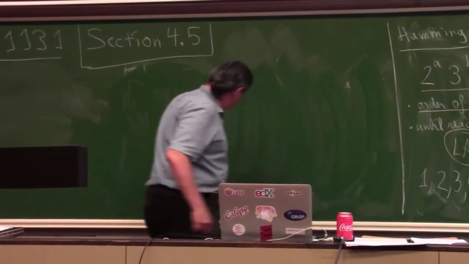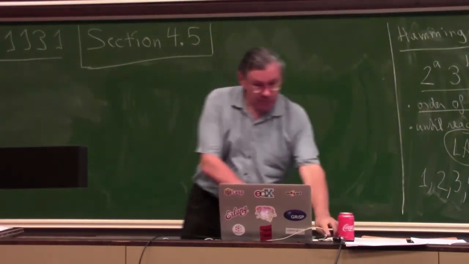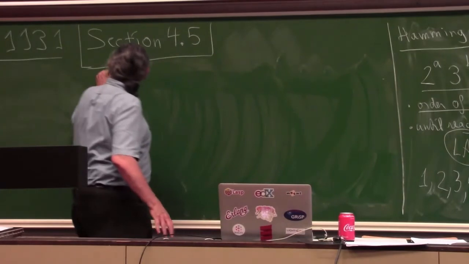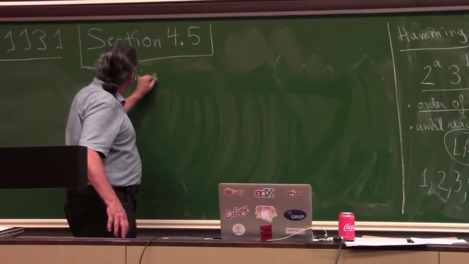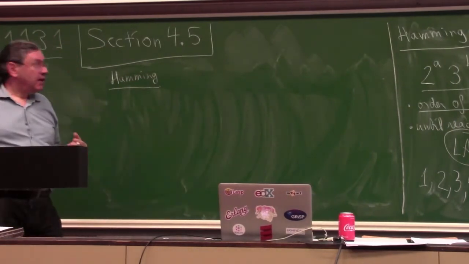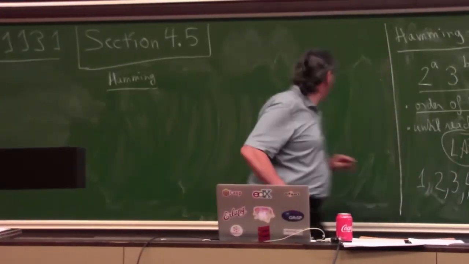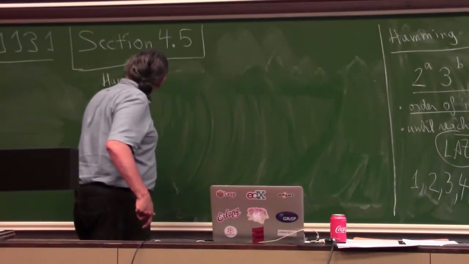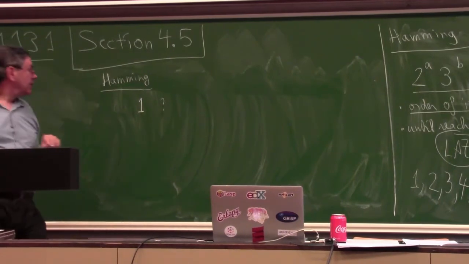But let me first show you an algorithm for solving the Hamming problem. So for the Hamming problem, let's construct the list inductively. Let's construct it incrementally starting from 1. Okay? So how do we figure out what is the second element?